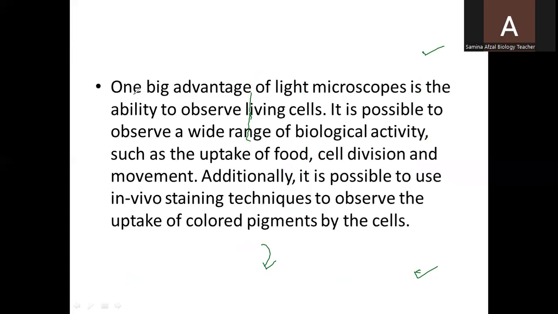So here we are going to discuss the advantages of the light microscope. One big advantage of the light microscope is the ability to observe living things. That is, we can observe living cells.